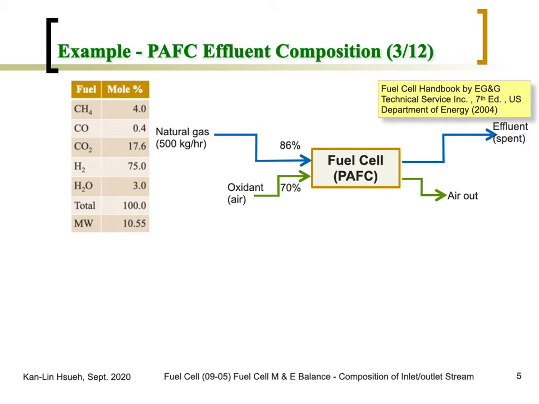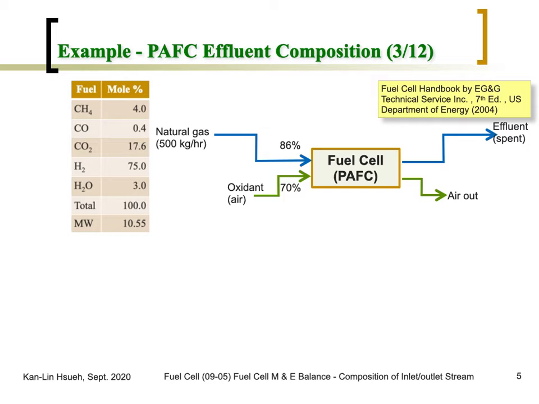Over here, we already know most of the methane will be converted into hydrogen, 75%, and only 4% methane remains not converted. The carbon monoxide and carbon dioxide have their own molar ratios, and there's 3% water.